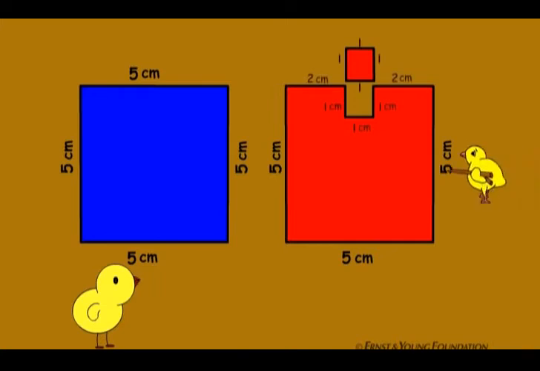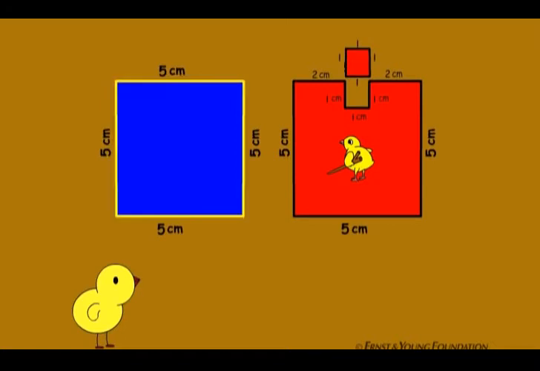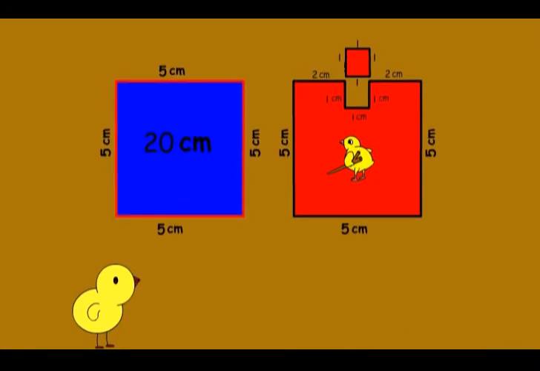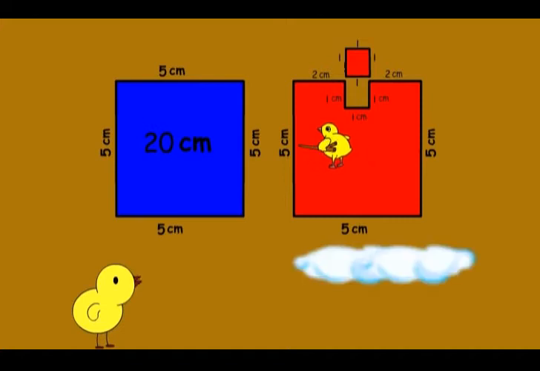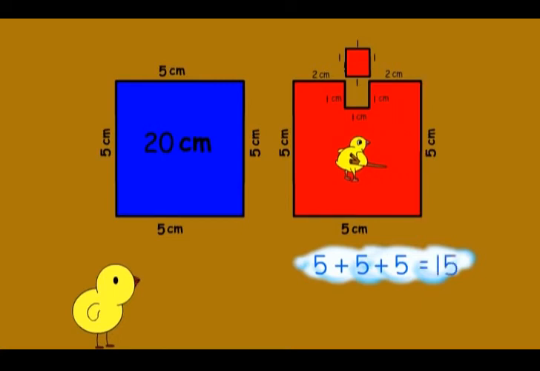I can do this, Meenu. The blue paper is 20 centimeters. 3 sides of the red paper is 5 plus 5 plus 5, which is 15.